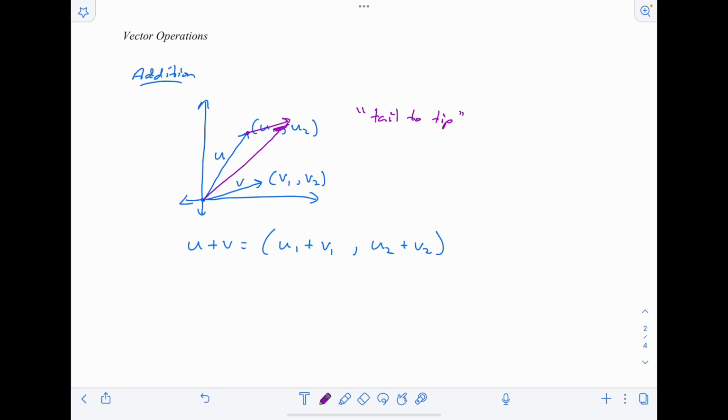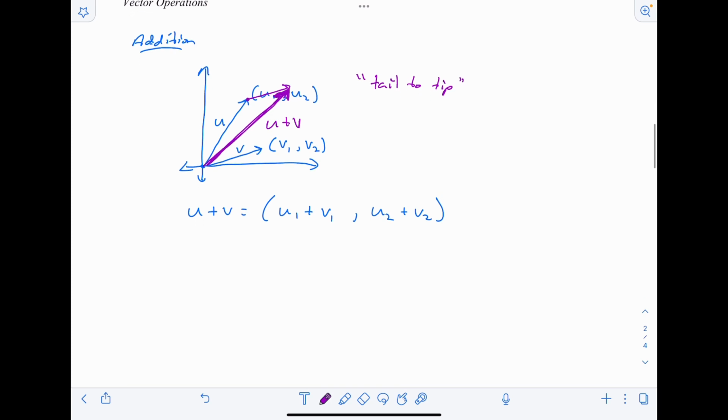So this vector, and I'll try to bold this in a little bit darker, this vector is u plus v. And that would represent the combined actions of u and v together. Again, if this was an application of work or something like that.